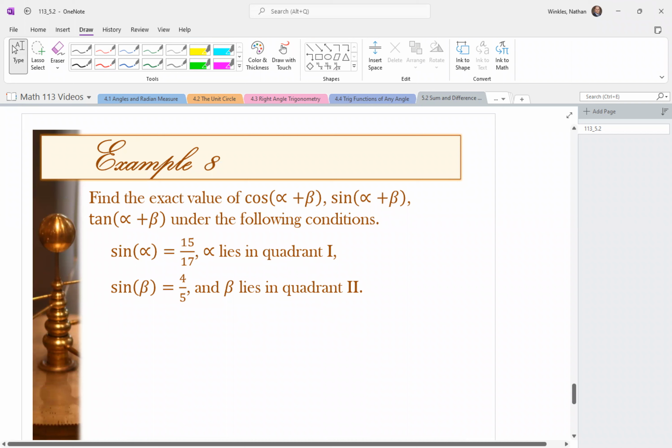So now we're going to have to start drawing some diagrams or drawing a triangle to see where we're at. So we're told, find the exact value of cosine of alpha plus beta, sine of alpha plus beta, and tangent of alpha plus beta under the following conditions.